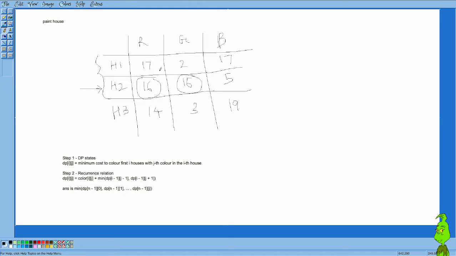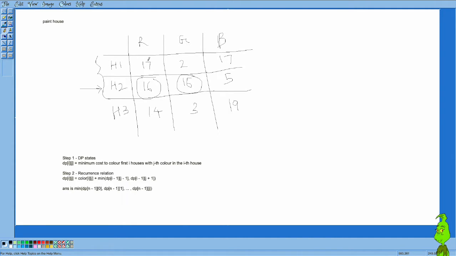So this is DPI0, this is DPI1, and this is DPI2. Same for here. So we'll have the previous computed values here in the DP. You can consider that there are many other states before also.